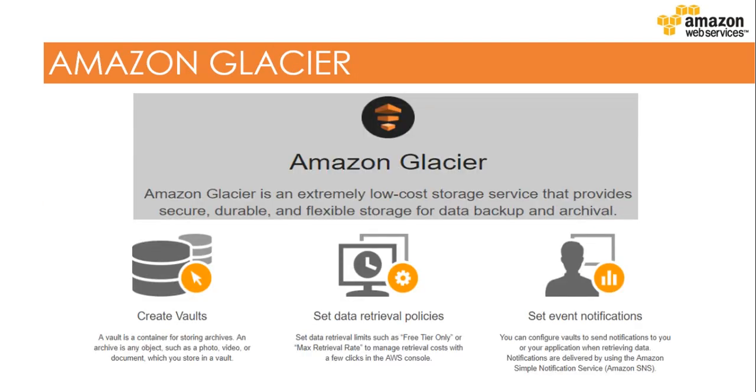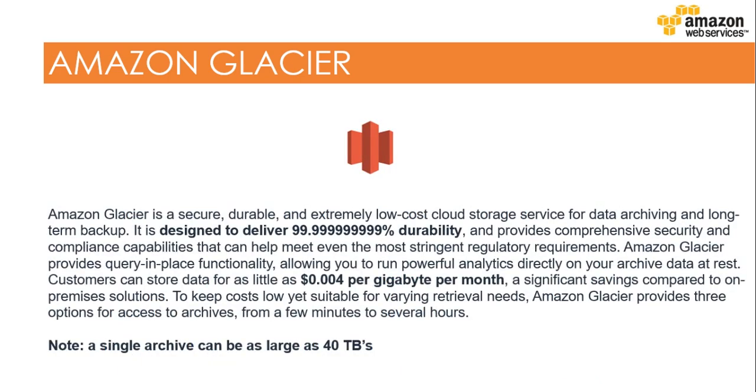Amazon Glacier is another storage service. Amazon Glacier is an extremely low cost storage service that provides secure, durable, and flexible storage for data backup and archival. The good thing is that we can connect with AWS CLI commands, REST API, or AWS SDK, but there is no way to see your file system through a GUI.